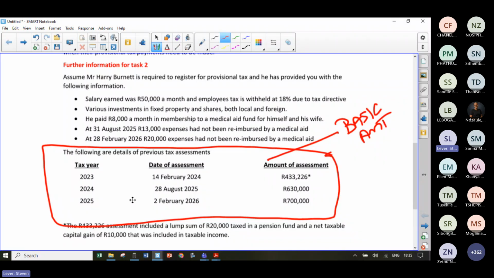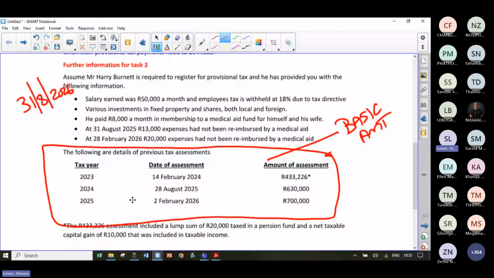So guys, if you're an individual, you need to pay provisional tax by 31st of August 2026. That's when you need to pay it by. Now guys, what SARS does is SARS says we need to give you a little bit of a heads up.